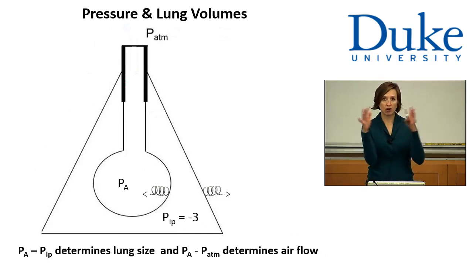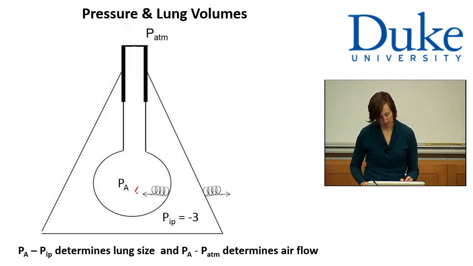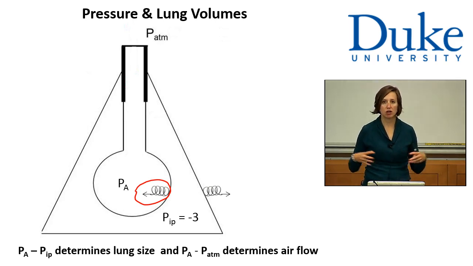Remember, even at rest, we've got two opposing forces. We know we've got the recoil of the lung. That's what's represented right here. And then the chest wall also has its own recoil, so that it wants to expand.